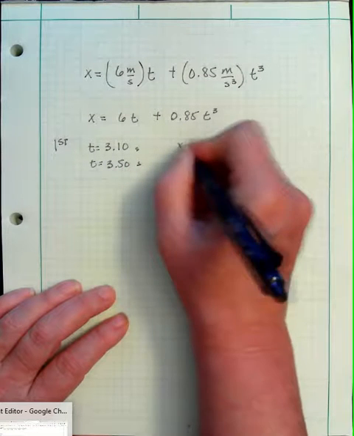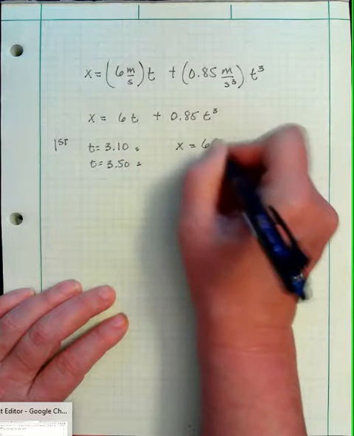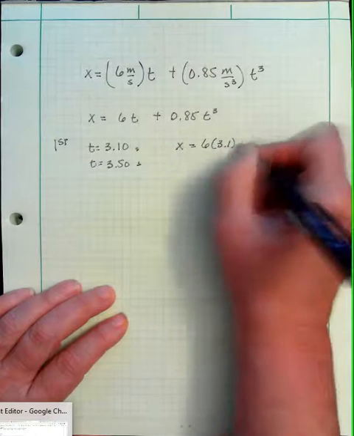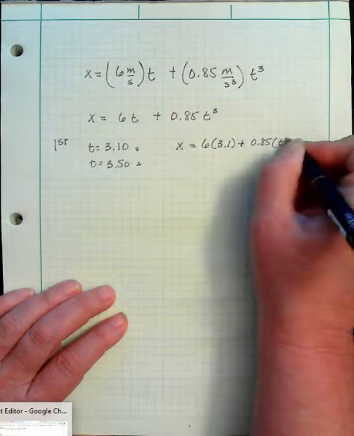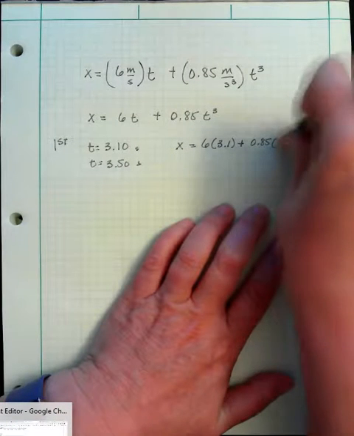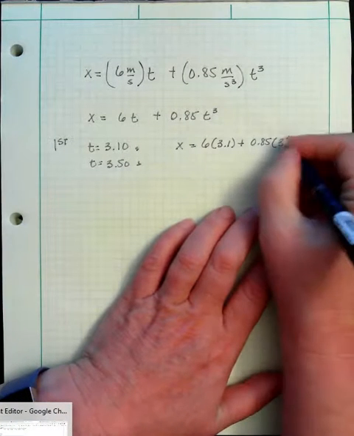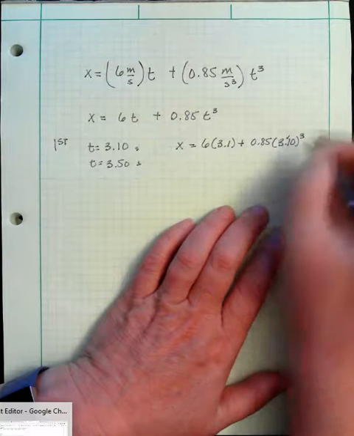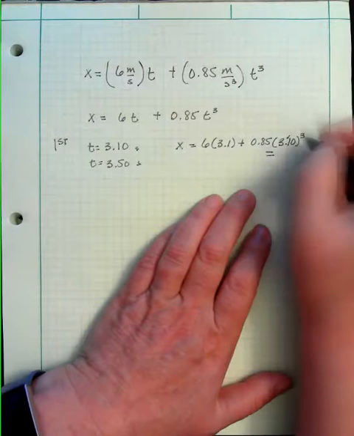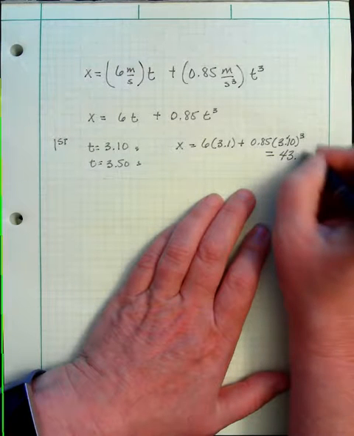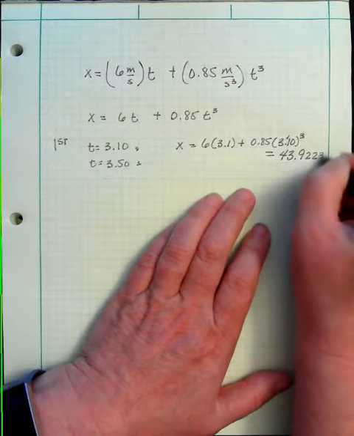If I solve for x, this is 6 times 3.1 plus 0.85 times 3.1 cubed, and when I plug that into the calculator, I get a value of 43.9223 meters.